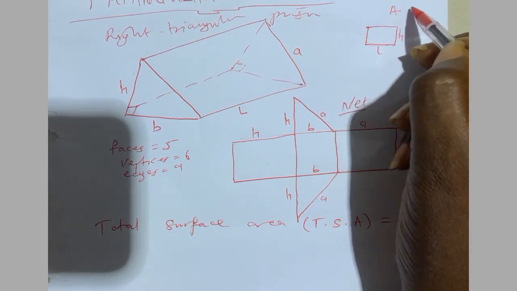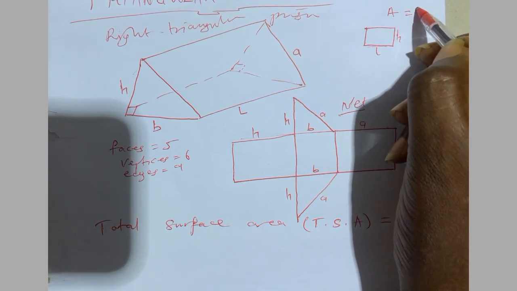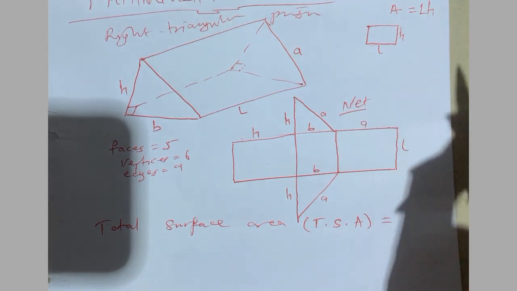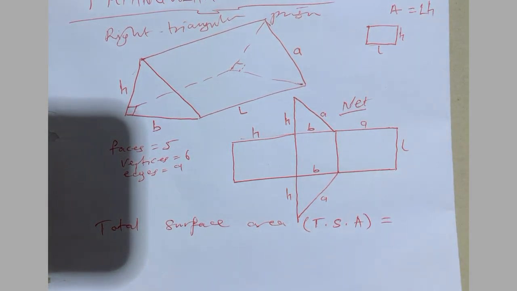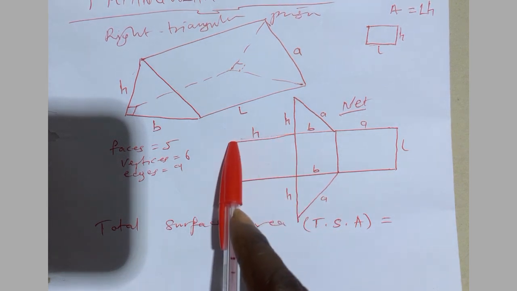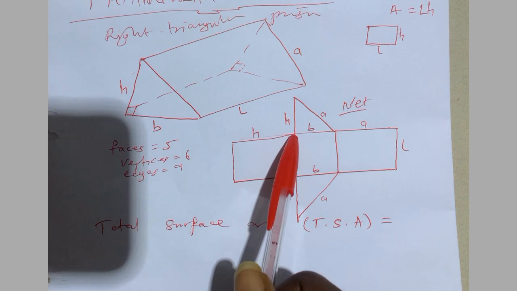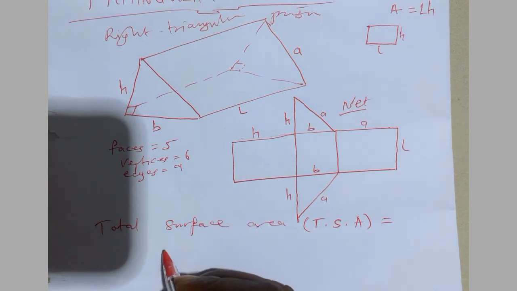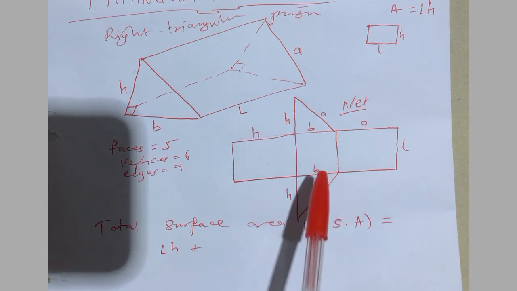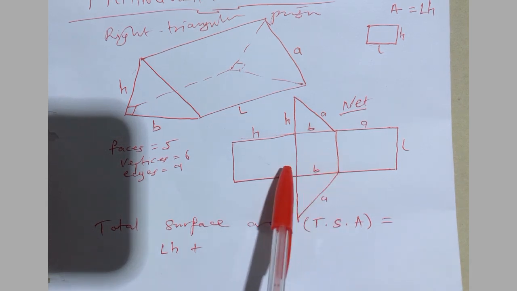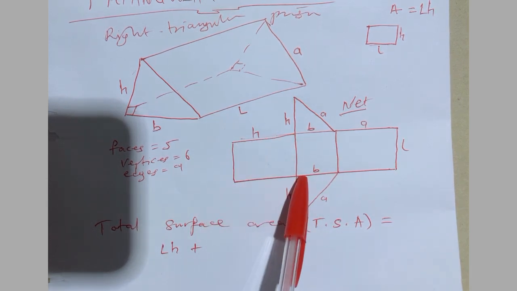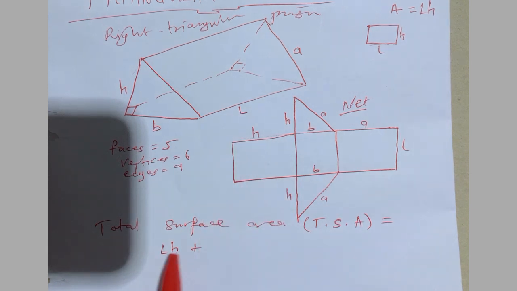So the area of this rectangle is going to be length times what? Height. Good. So considering this rectangle, here's L and here's H, right? It's going to be LH, right? Plus the next one, okay? So first, the area of this is LH.